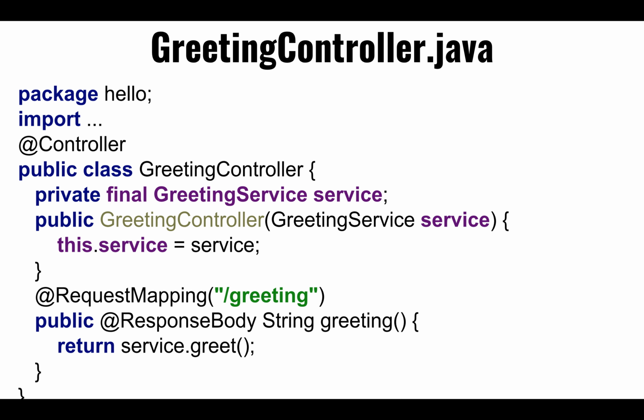So to illustrate this, let's create a really simple controller. Again, the only thing that it does is that it's mapped to /greeting, and notice our controller is using a greeting service that's being injected in here.